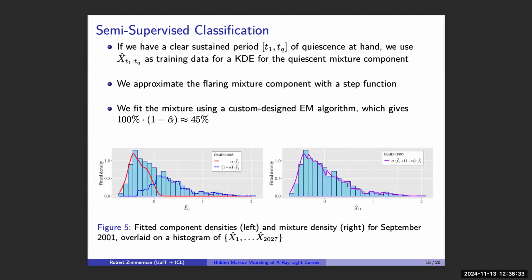Then you can fit the resulting mixture, which gives you the curve on the right over here. We can read off the estimated parameter alpha hat, and that tells us that in this case, for the September 2001 epoch, the estimated time spent in flaring state is about 45%.